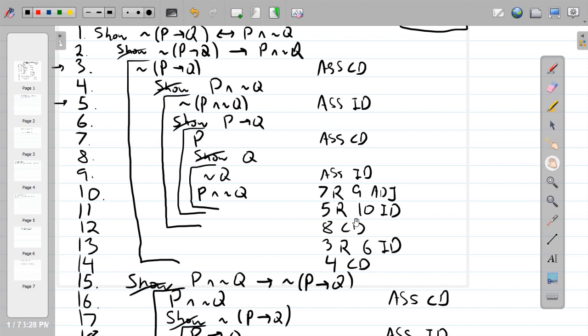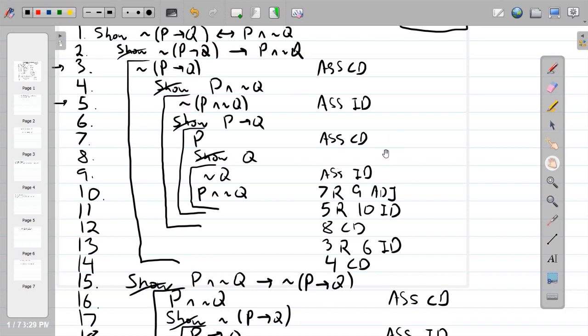But if you're like, look, I have this negated conditional, I have not if P then Q. If only I had P and not Q, that would be really helpful. Well, you can always just do this derivation. You can always do these set of moves and get the thing that you wanted. It's nicer if you have the derived rules because then you can do it in one line. So if I was allowed to use the derived rules, this proof would be much, much shorter.